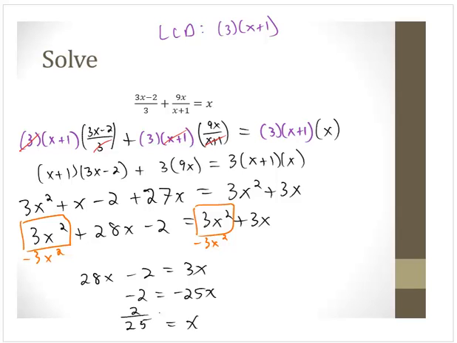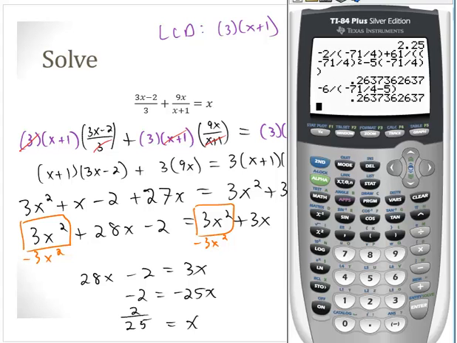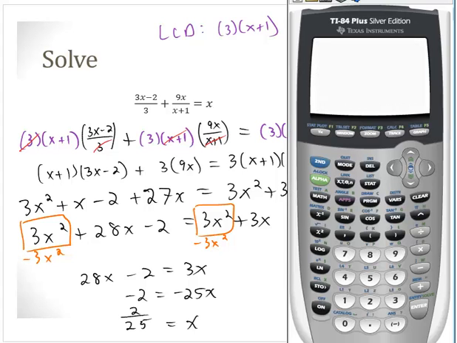Alright, so let's check that solution on the calculator. Let's see, 3x minus 2 over 3. So open quantity, 3, another quantity, times 2/25ths, minus 2, and now I've got to divide that by 3. To that, I need to add open quantity for the numerator, 9, open quantity for the substitution, 2/25ths.